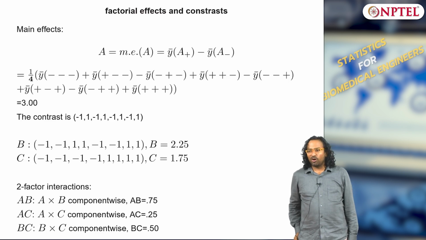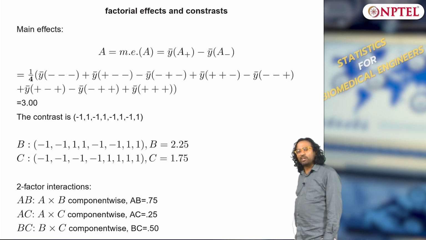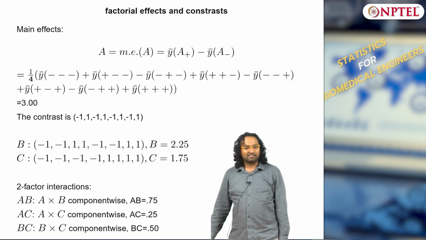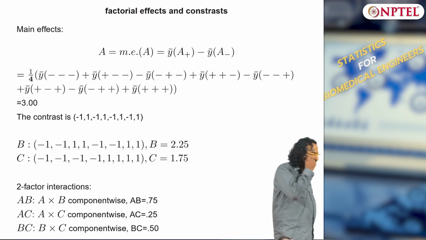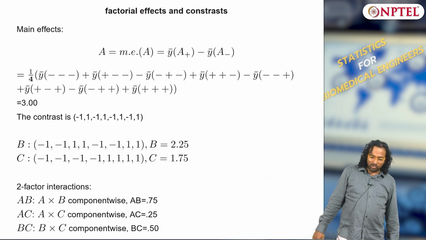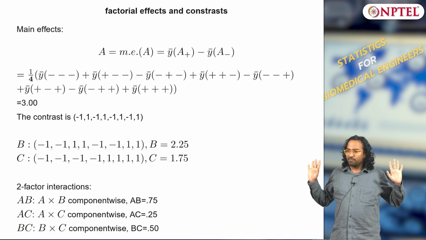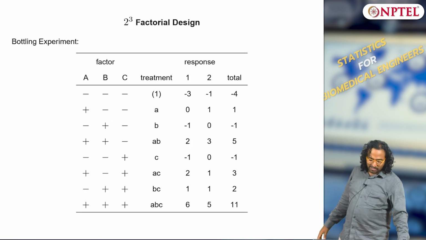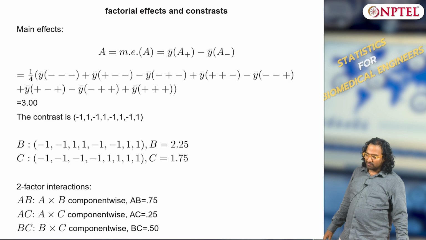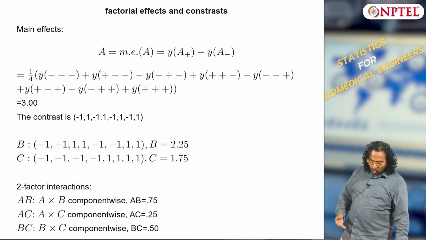In fact, if you look at it geometrically, the diagonals will give you the easier route to compute interactions. Okay, I will leave it to you to think about. So, this is my effect of A, pretty simple, go by this A plus and A minus, that is all. And similarly, you can write the contrast.